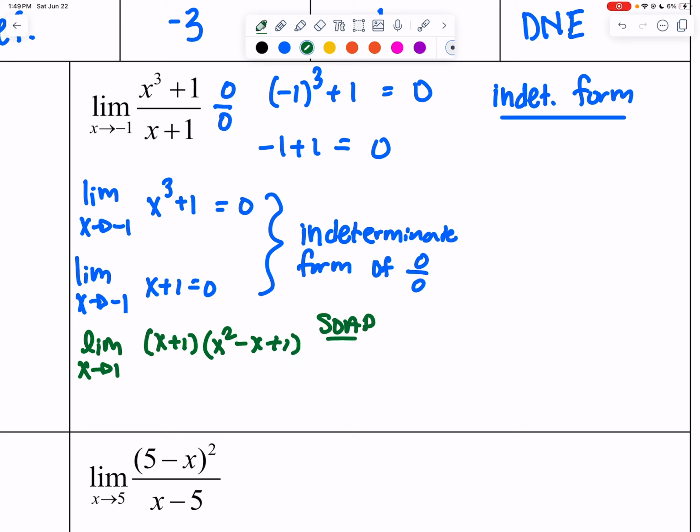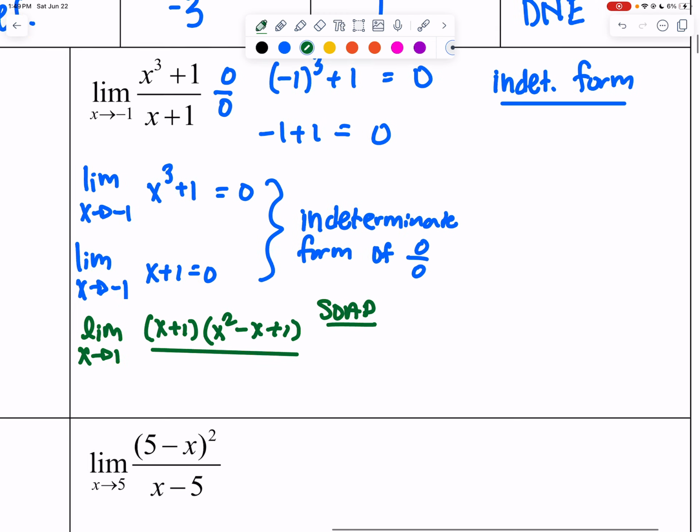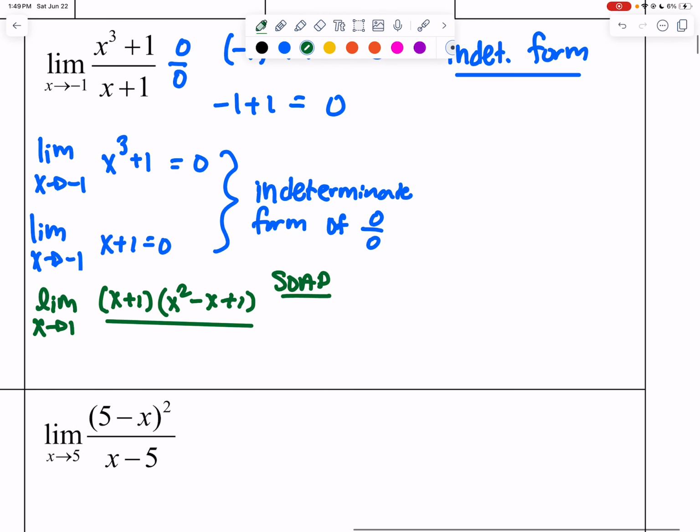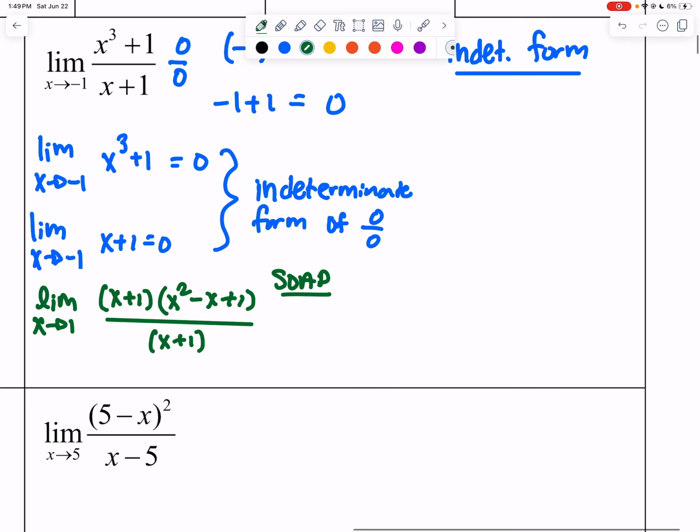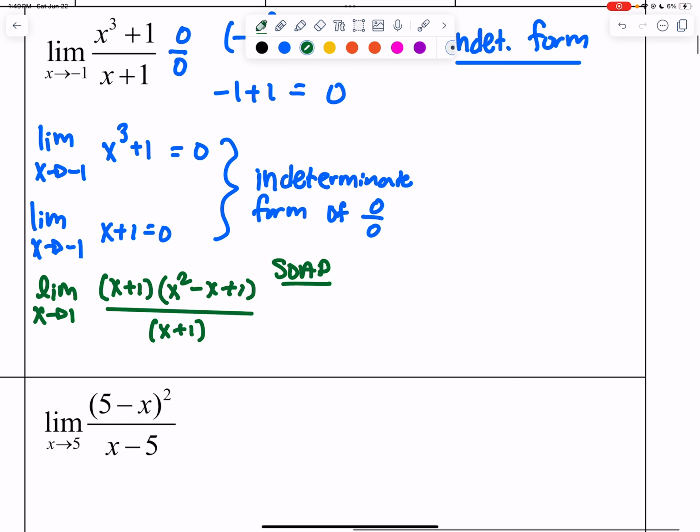If you forgot SOAP, aka if you forgot how to factor your cubic functions, go ahead and review that. So I have that. Now you could cancel out the x plus 1, which means I have the limit as x approaches -1 of x squared minus x plus 1.